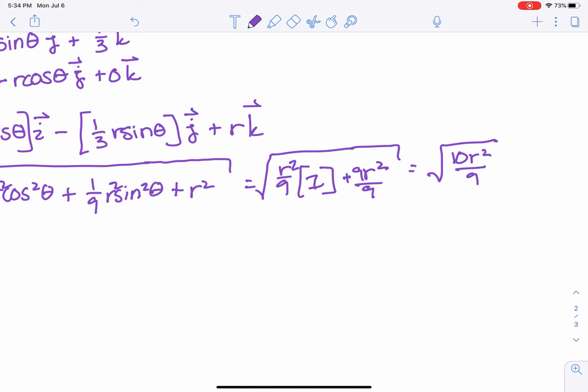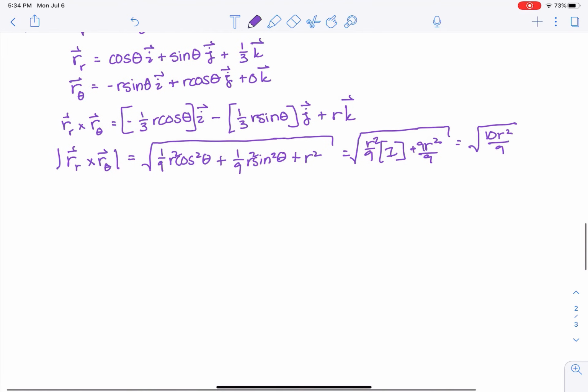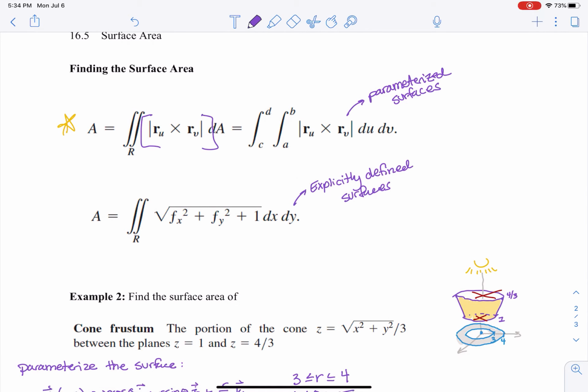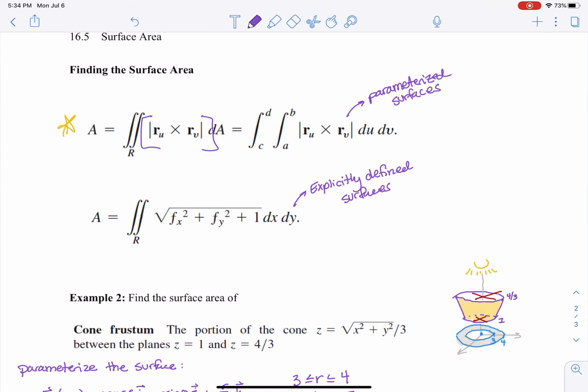There you go. So it simplifies relatively nicely. So now I'm just going to finish the rest of the setup and leave the evaluation to you as an exercise on your own. But anyway, now that we have all the components, we can fully put it in the form of this first surface area equation.